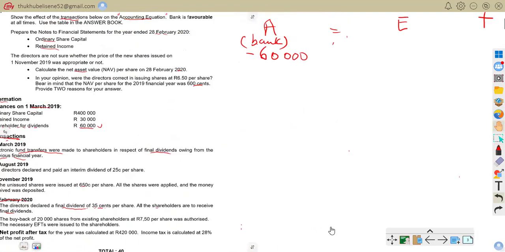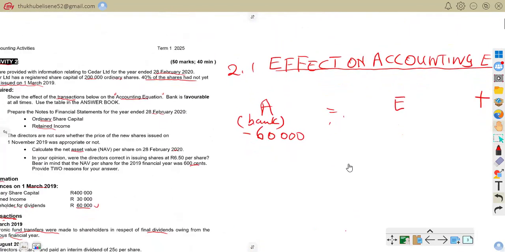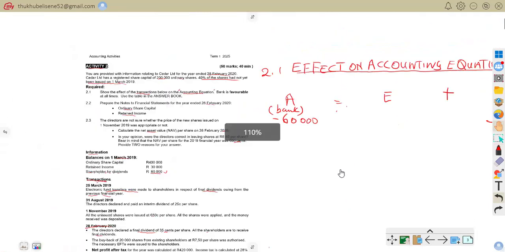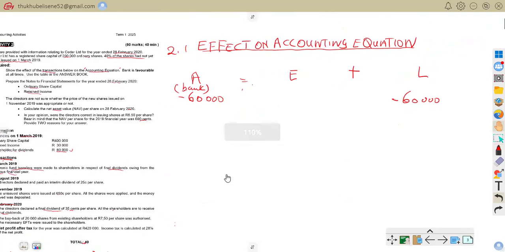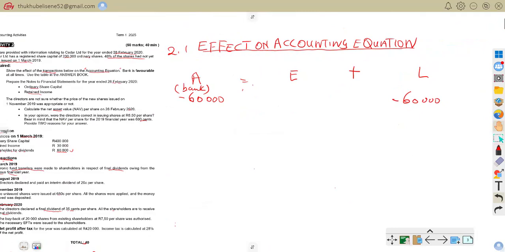So let us go to our accounting equation. Here we are going to have 70,000, which is going to decrease our assets, because we are going to pay our shareholders this much.